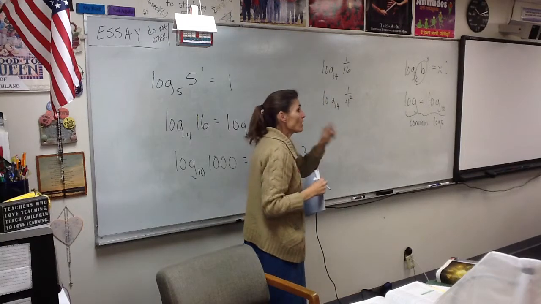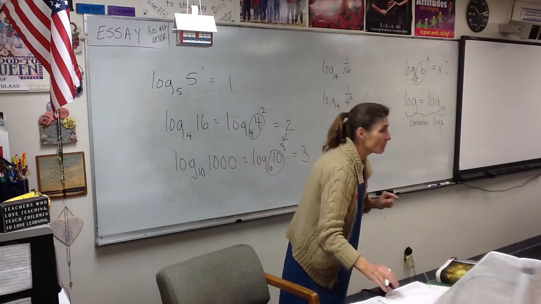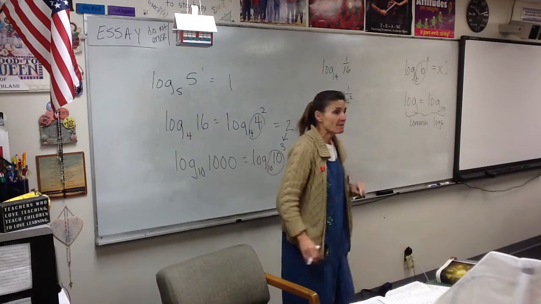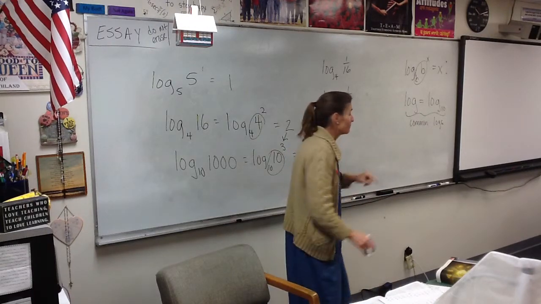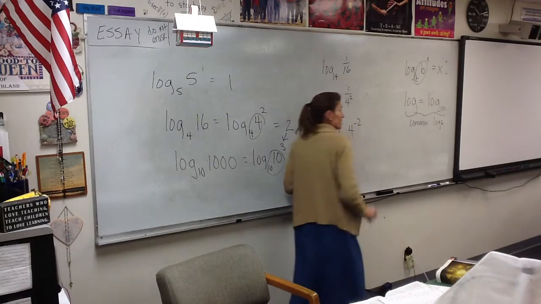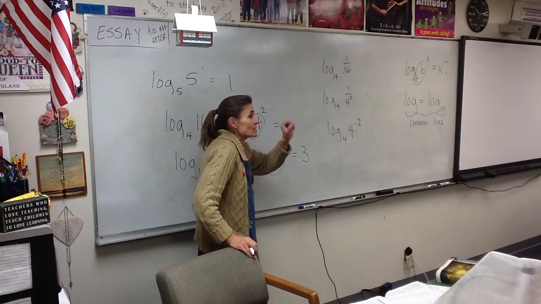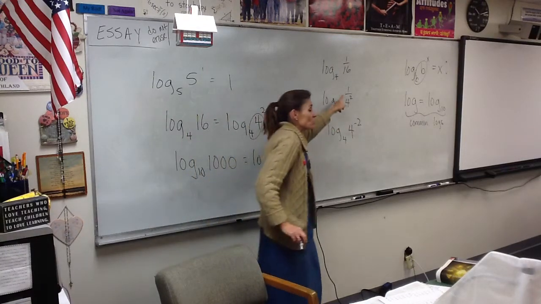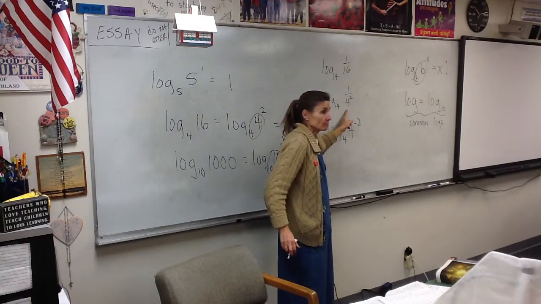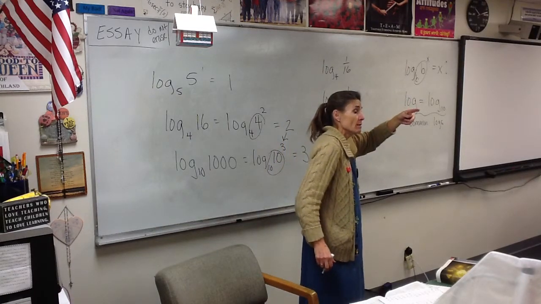Now, 1 over 4 squared is not good enough. But 1 over means what kind of exponent? Negative. This is the same as the log base 4 of 4 to the negative second, because 4 to the negative second means 1 over, doesn't it? We're doing it backwards now of how we did it before.